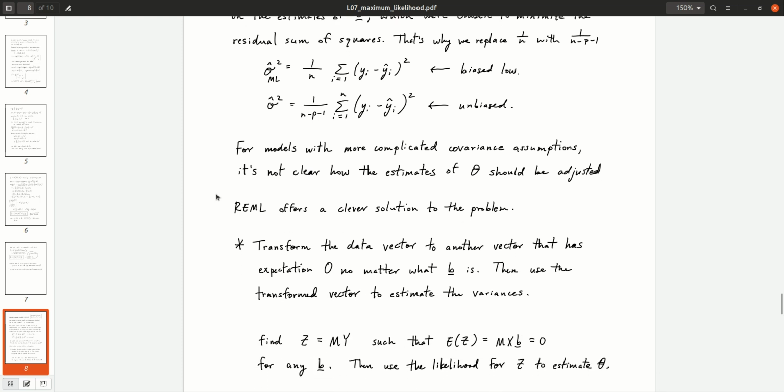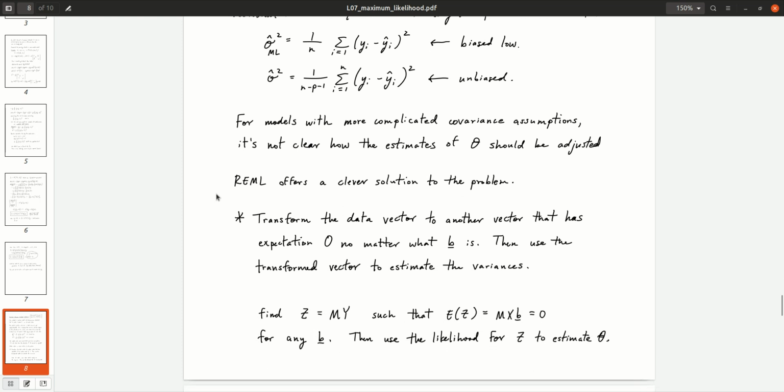So the main idea is the following, if I can sum it up in just one sentence. The main idea of REML is you take the data vector y and you transform it to another vector that has expectation 0 no matter what the regression coefficients are.